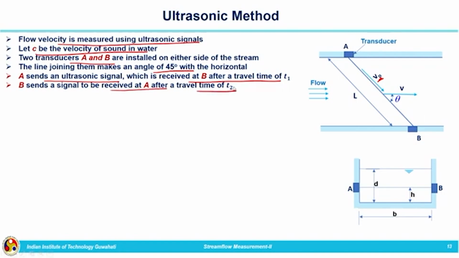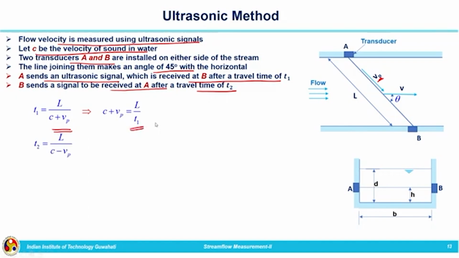So, A is sending a signal that is received at B, and when B sends the signal it is received at A. We can write t1 is equal to L, the distance between the transducers, divided by C plus Vp. Why C plus Vp? Because the velocity along the flow path adds to the velocity of sound, so C plus Vp is equal to L by t1.